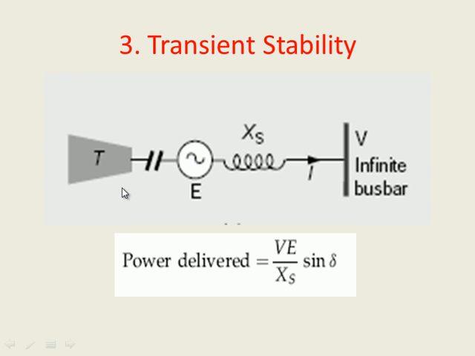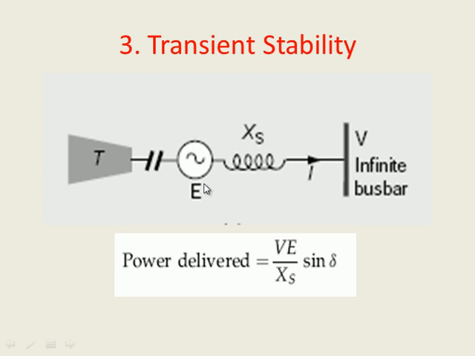If this condition remains for some time, it may result in the most severe type of transients, and that is going to lead to mechanical oscillations in the synchronous machine.